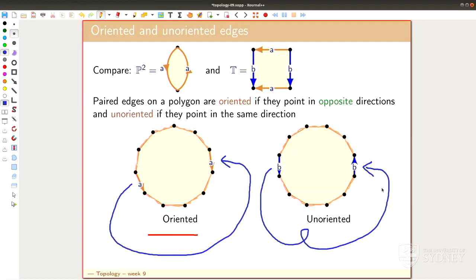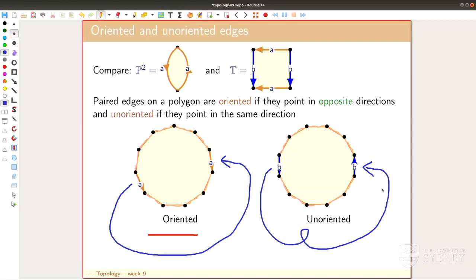Right? So the right-hand side should be somewhat more difficult, because if you would just take it in your hand and try to bend it out of paper, it will be very difficult because you need to put in a twist. Okay, let's just call it oriented if they point in opposite directions, and unoriented if they point in the same direction. Again, in what direction they point doesn't matter, just opposite or same. Okay?